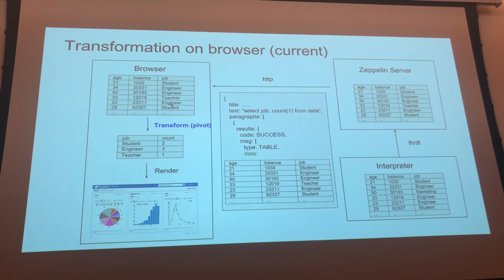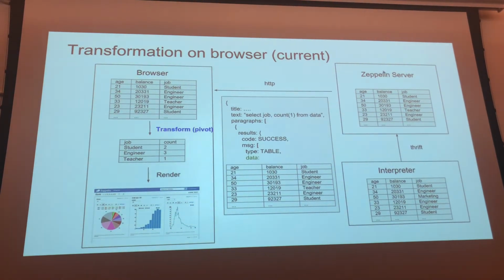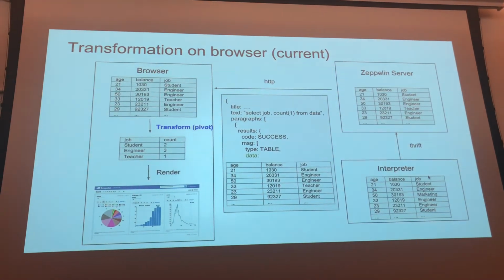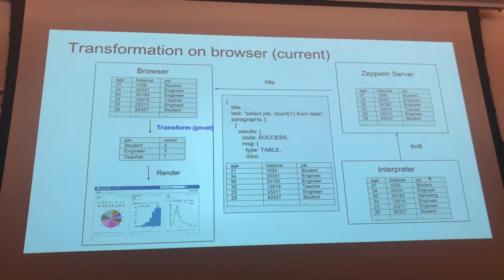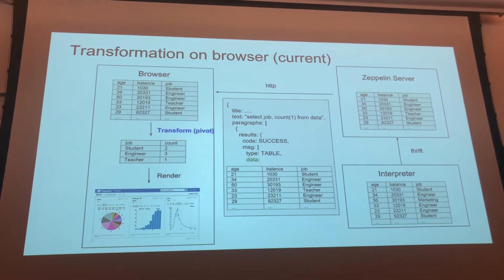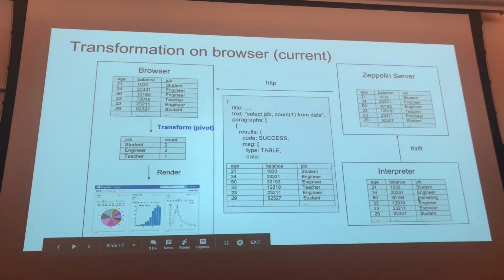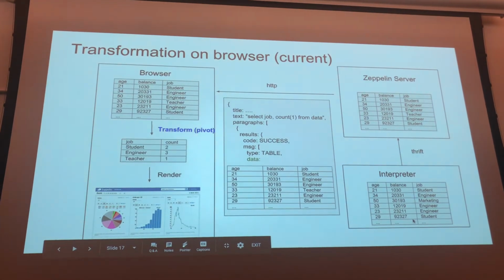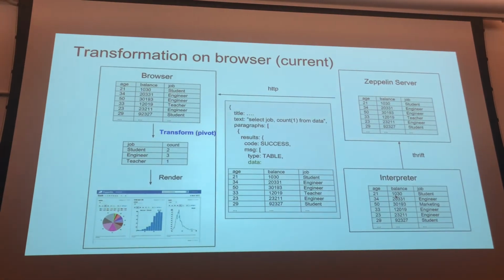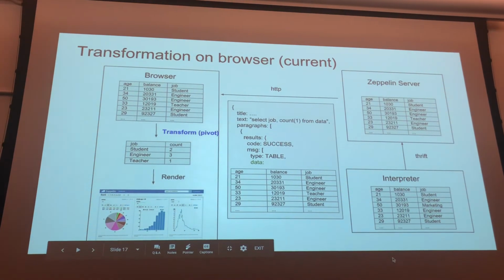I wrote the query in the browser and pressed the run button, and that query goes to the Zeppelin server, and then the query is passed to the interpreter, and the interpreter actually runs the query, for example, submits a job to the Spark cluster and gets the result. From that part, it's interesting. The interpreter got a query result, let's say from the Spark cluster, and then the interpreter has a result set, the data.